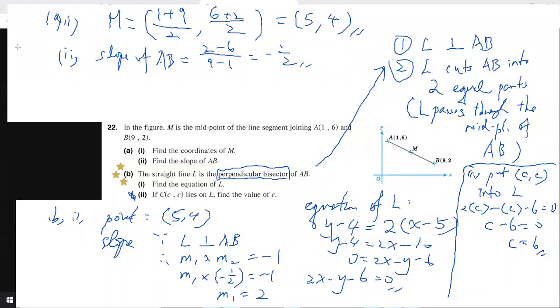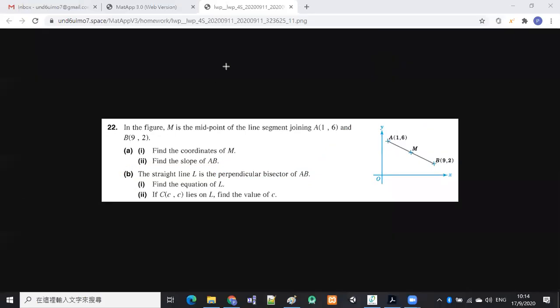Okay, and then so now let me clear the board first. Next one, question number 23.